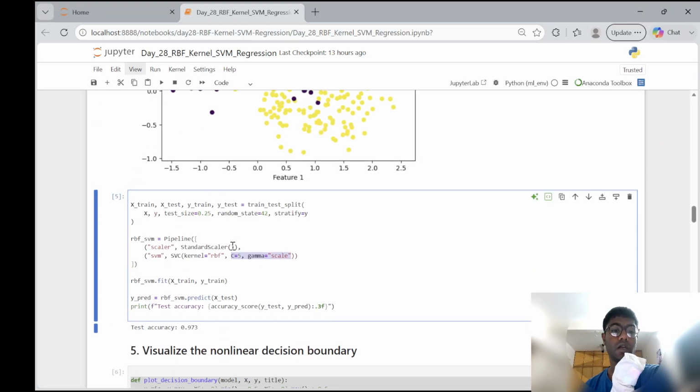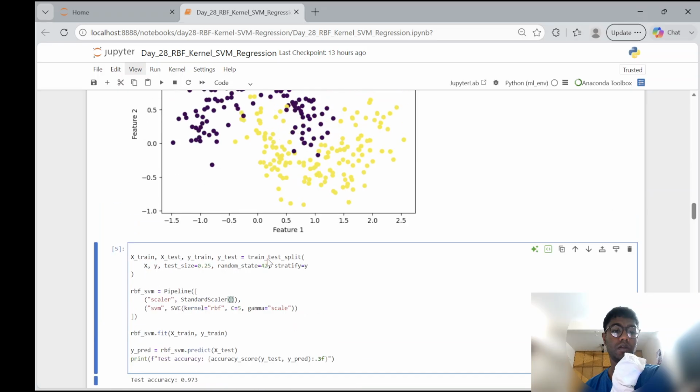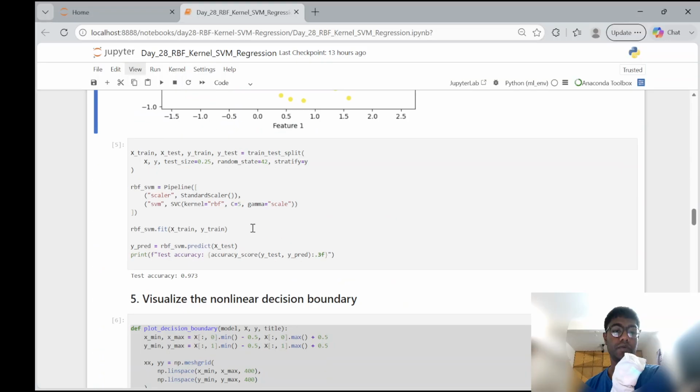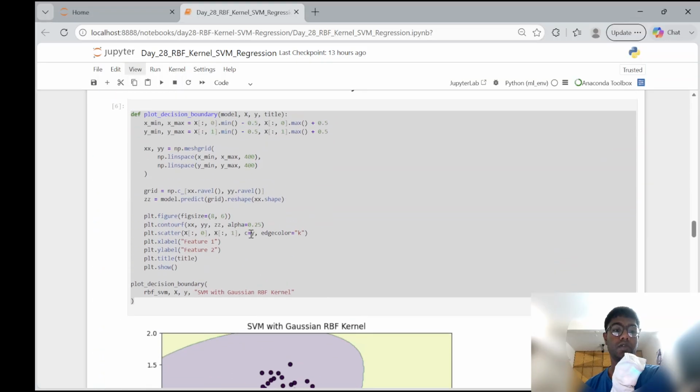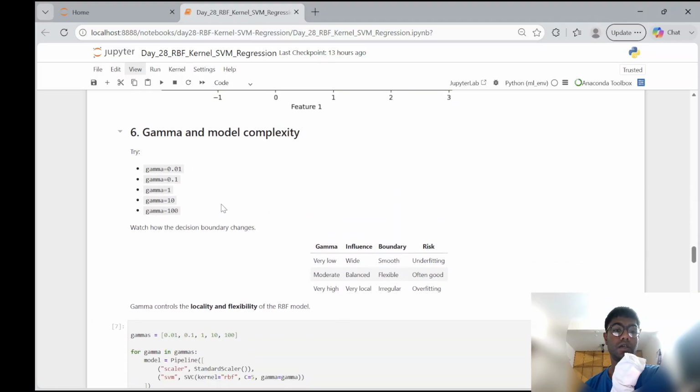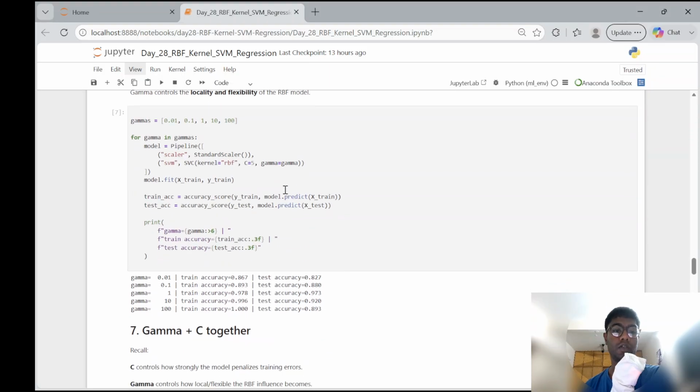So we are creating this model with values like this, with some amount of noise as well, right? Next is gamma and model complexity.